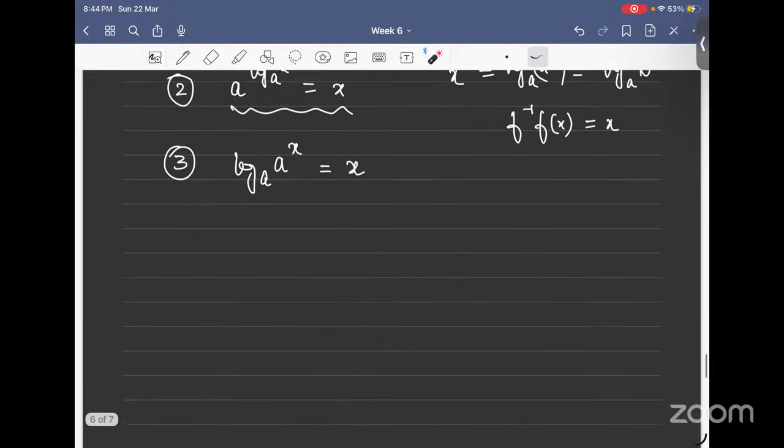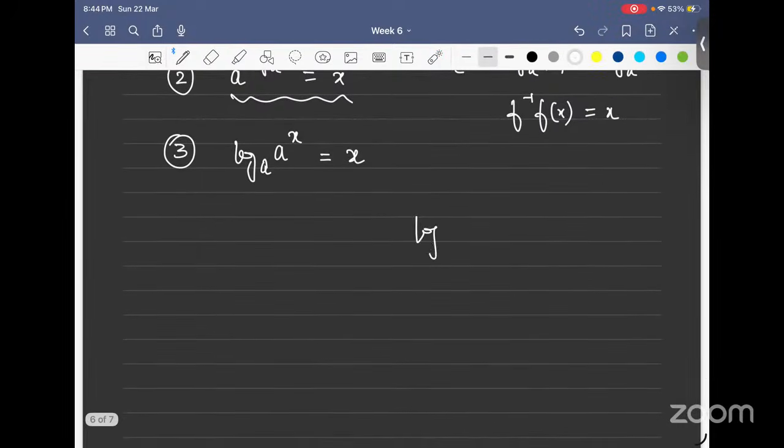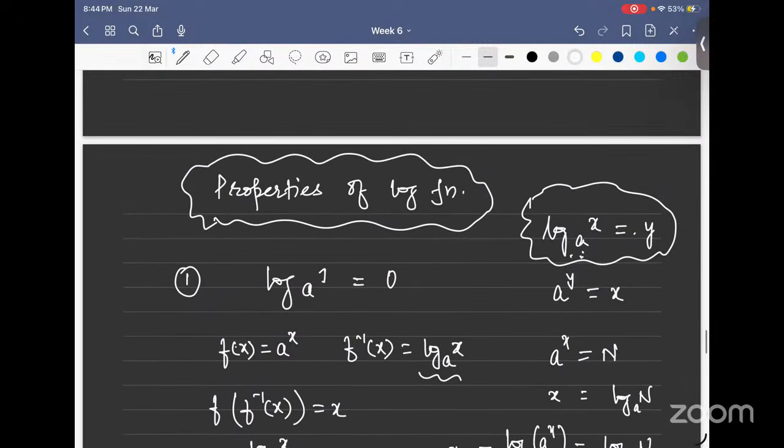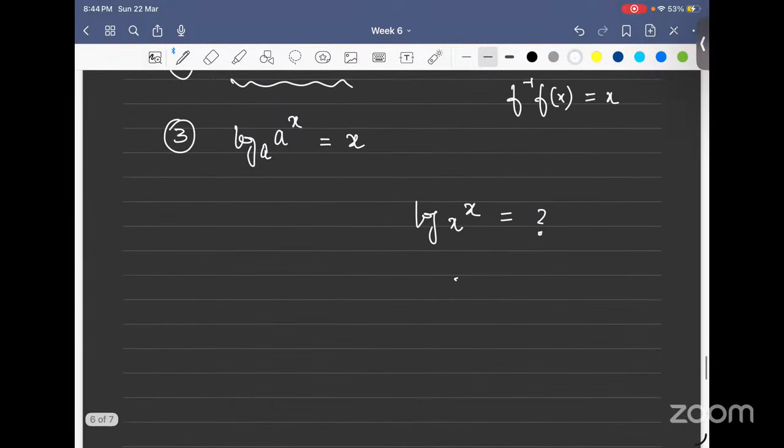Let's say an example: you have written x base x, what will you get? 1. Yes. Okay. But if somebody doesn't know that, I told you how to write any equation. So how will you write it? x to the power what equals x? x to the power 1, right? Yes.